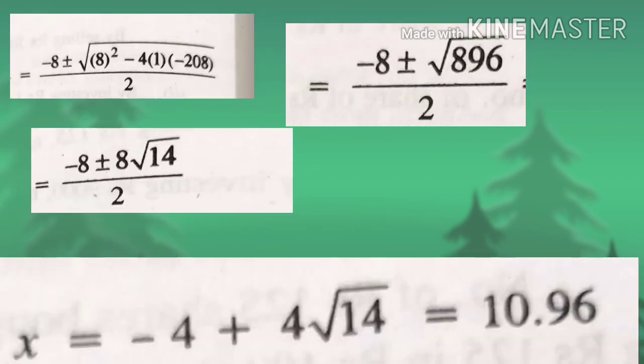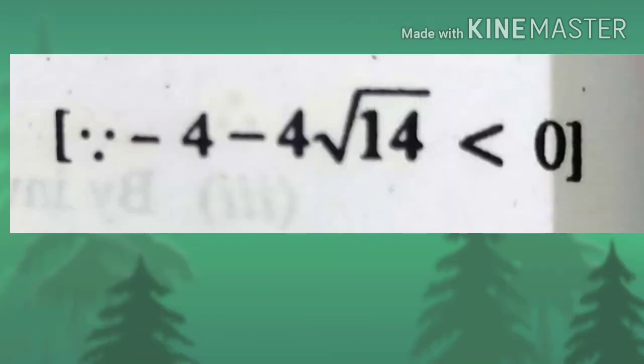Therefore, we have x is equal to minus 4 plus 4 into square root of 14 is equal to 10.96. The other value of x is not acceptable because it is negative, as minus 4 minus 4 into root 14 is less than 0.